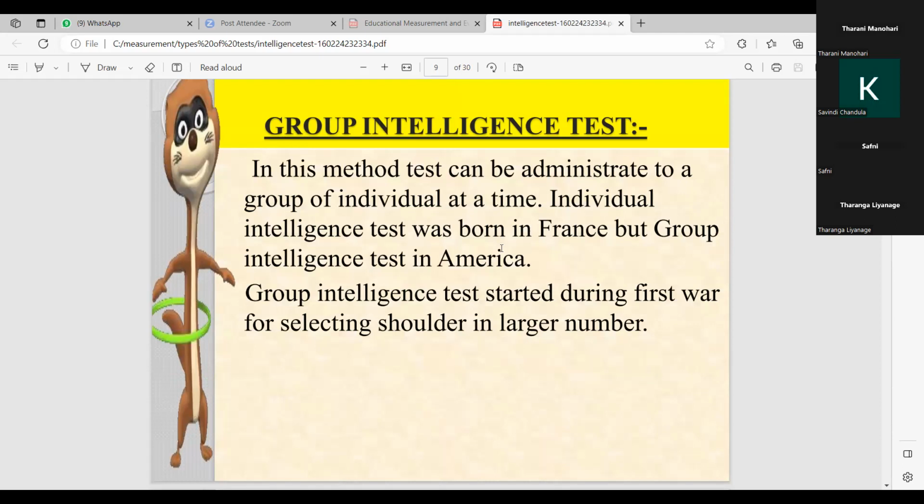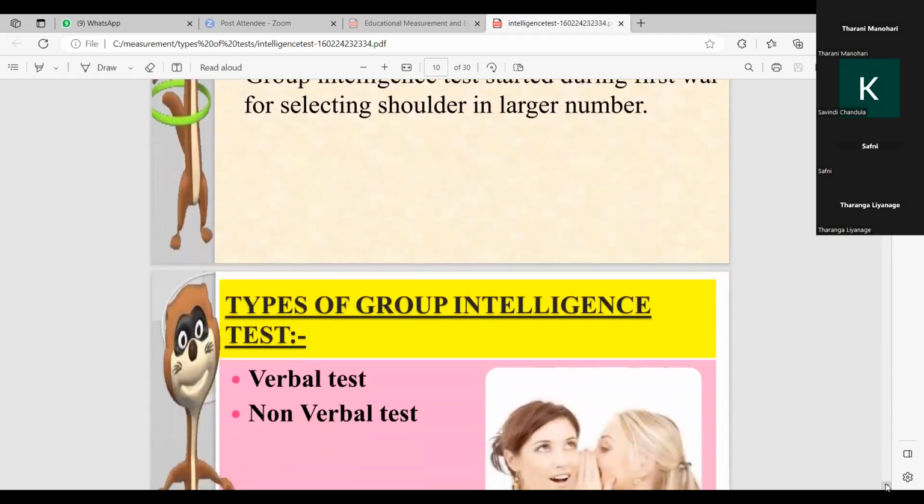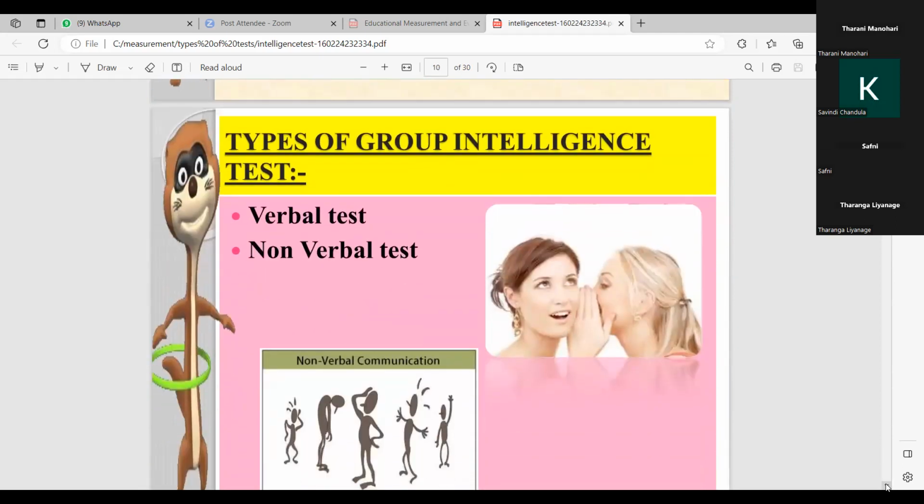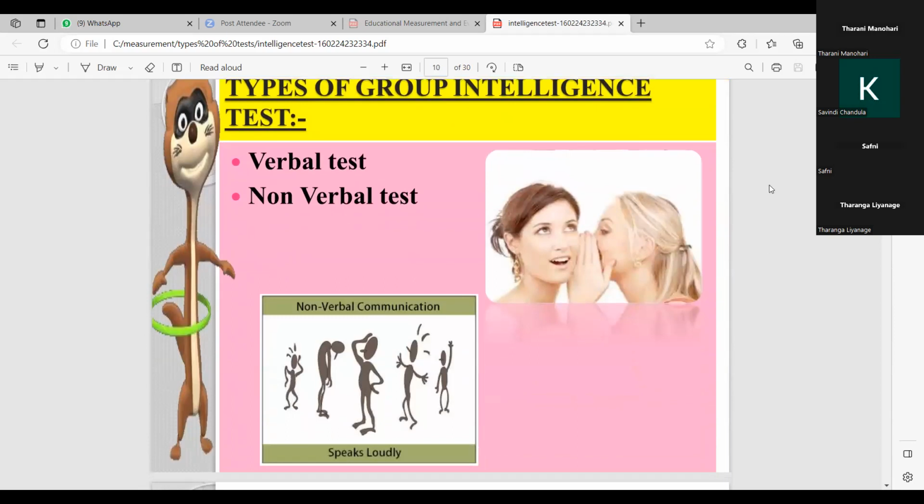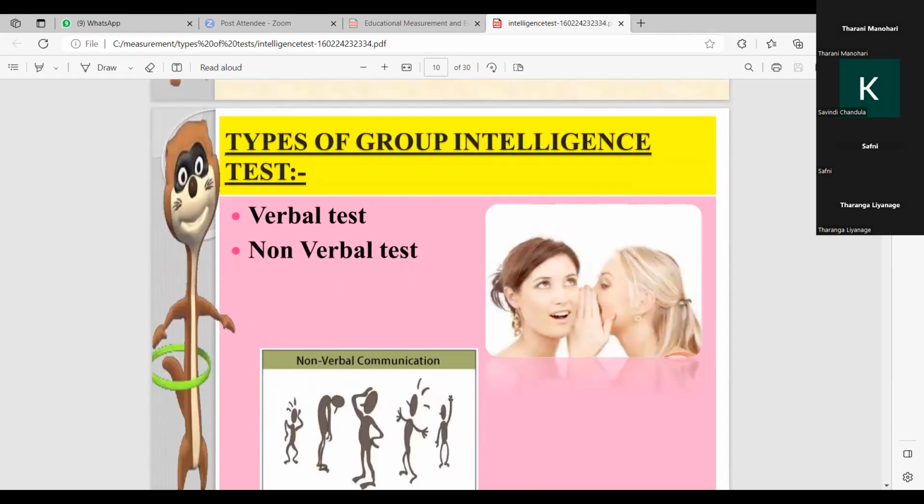The group intelligence test started during the First World War for selecting soldiers, a large number. If you remember, there's a song by Bob Marley called Buffalo Soldier.